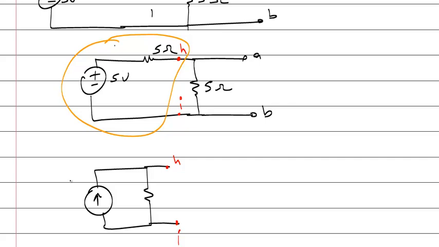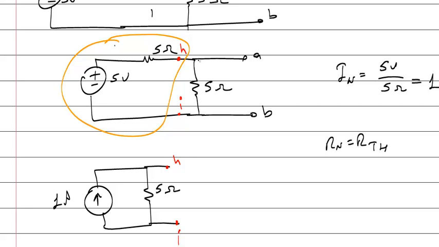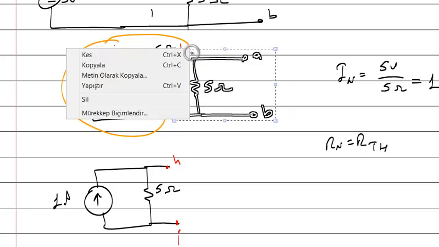Voltage is 5 volts, thevenin resistance is 5 ohm, so I Norton will be 1 amp. And R Norton is always equal to R thevenin, so this is 5 ohm. Then the remaining part is this.